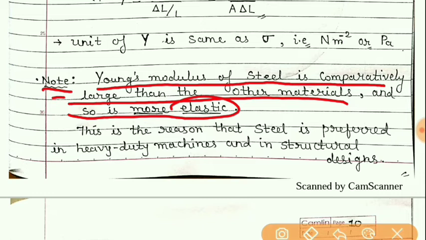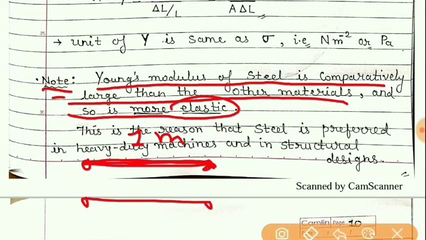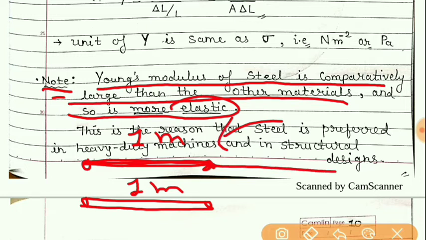Students, if I ask you, I have a rubber, an elastic rubber of length, suppose, 1 meter, and I have a steel wire or steel rod of length 1 meter, then which is more elastic? If you think that rubber can be stretched more by applying the force, and if the same force is applied to a steel rod, it cannot be stretched as much as the rubber.